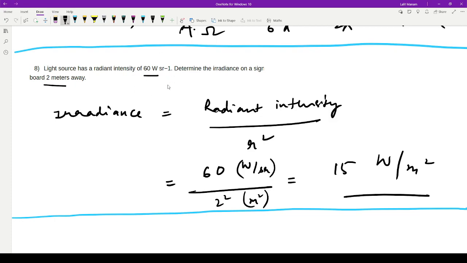Intensity should be in watts then. I think there is some problem here. Yeah, sorry about that, that's true. Okay, so we'll move on to the next.